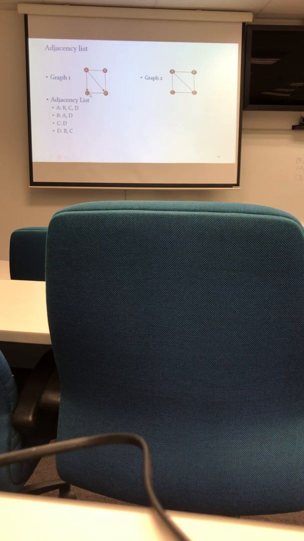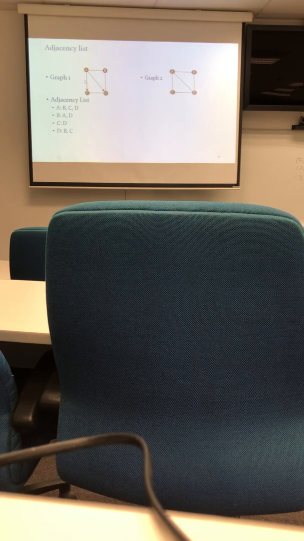For C, how many vertices are adjacent to C? If there is an edge from C to a vertex Y, then Y is adjacent to C. Over here there's only one: the edge from C to D. C to A cannot, because this edge with the arrow is a directed edge.